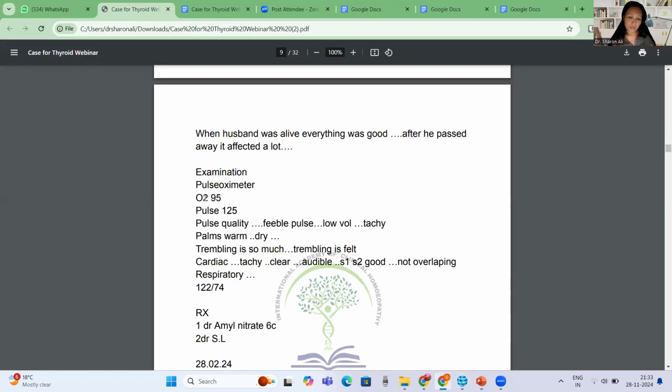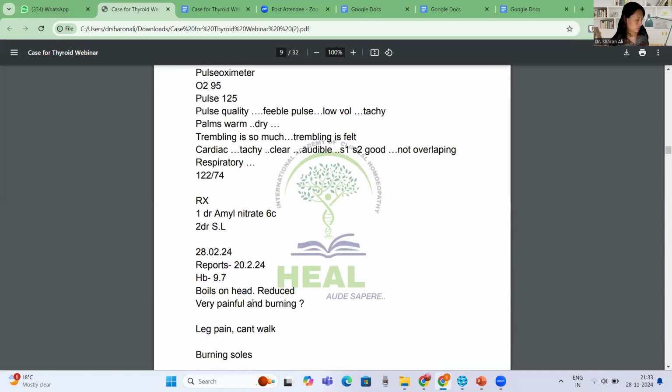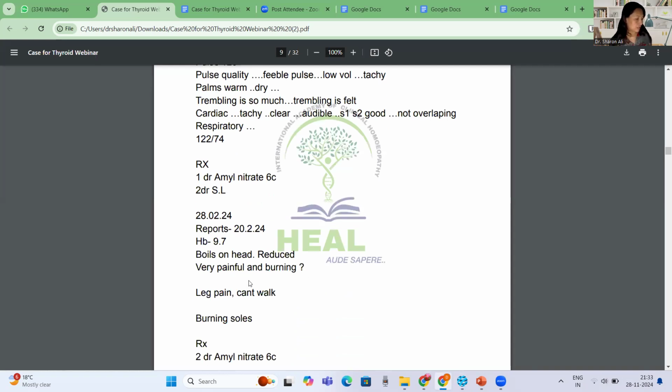Her mobility improved after we gave her thallium. Okay. She improved a lot. As you can see, the leg pain and the burning and the walking could not be done yet.